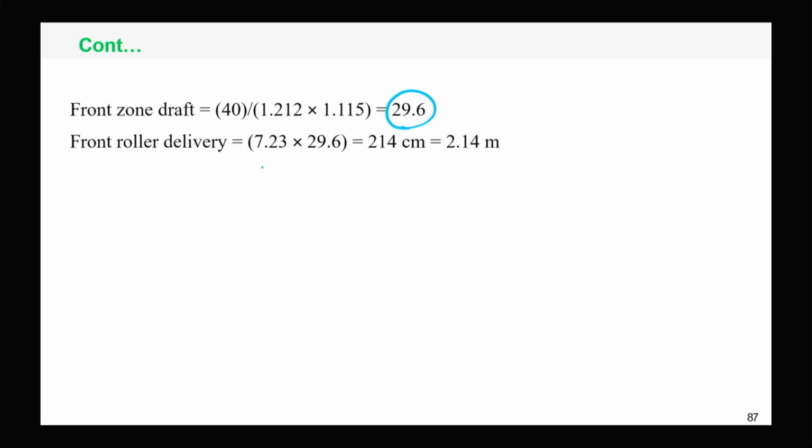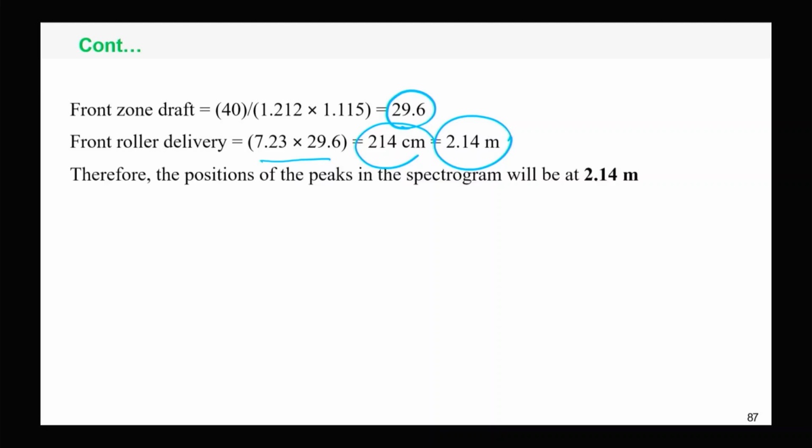If we multiply here, we will get 214 centimeter. So the defect location will be at 2.14 meter in the spectrogram.